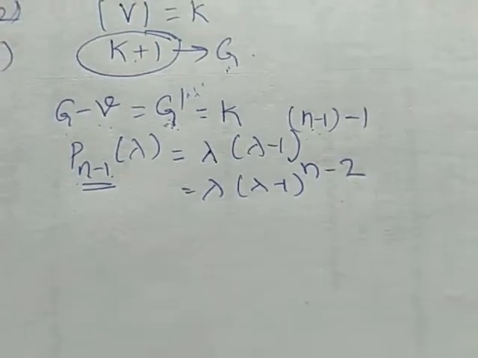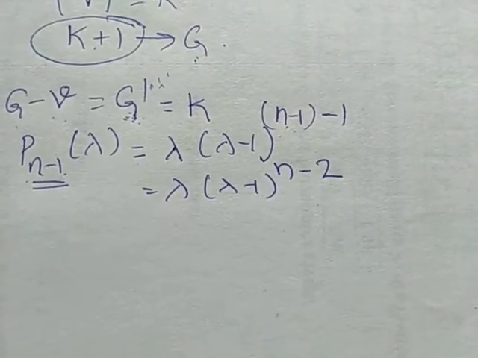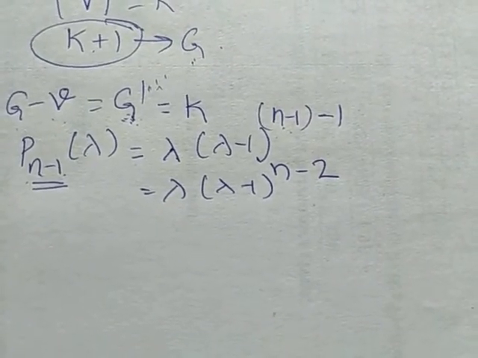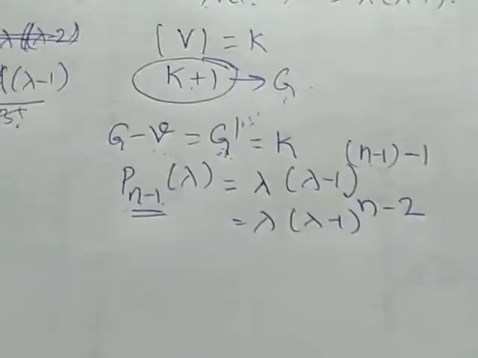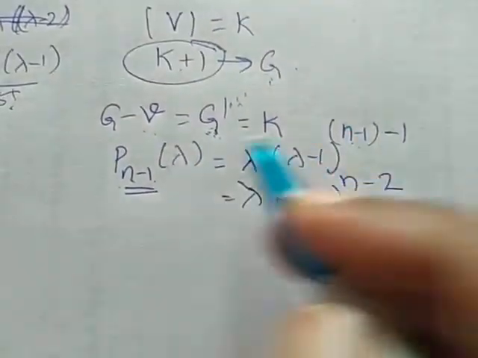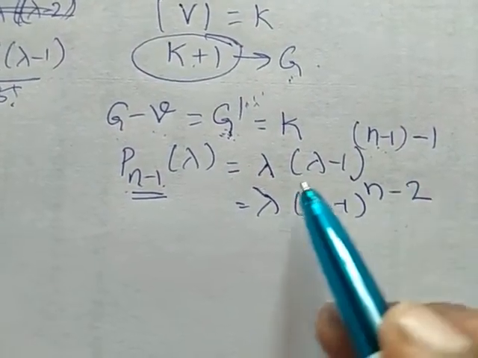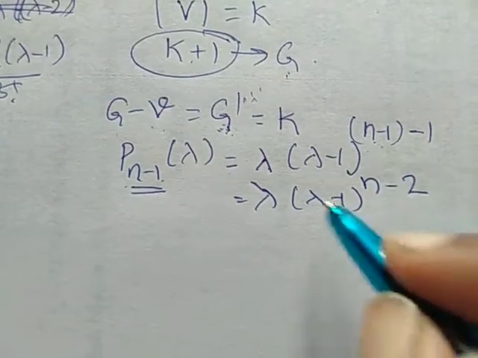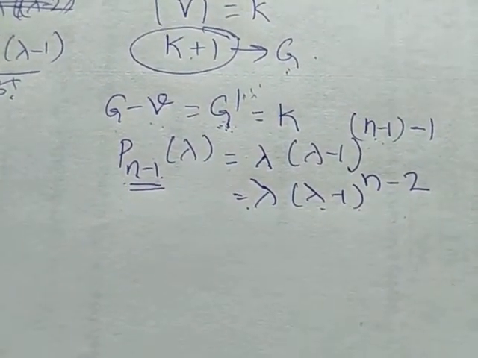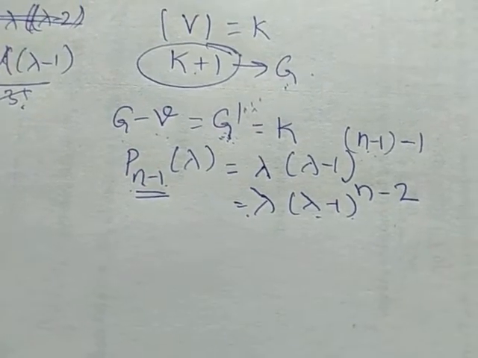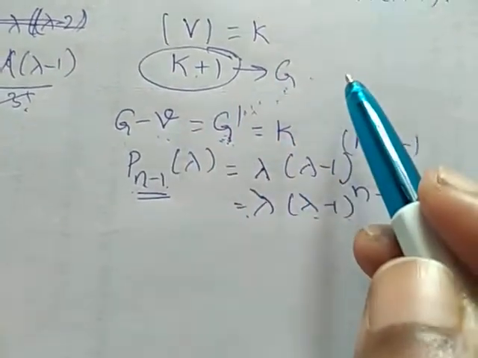Now for each proper coloring of G dash, the given graph can be properly colored by painting the vertex V also. We are going to add a vertex to this, coloring the graph in lambda into lambda minus 1 to the power n minus 2 ways. Now we are going to consider the graph G with this vertex also.